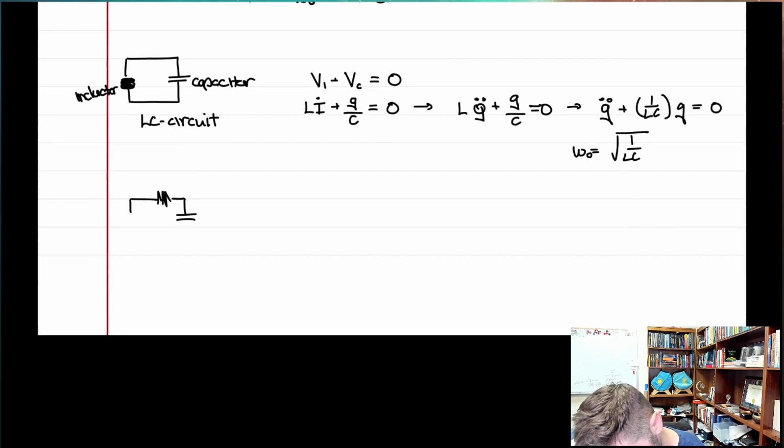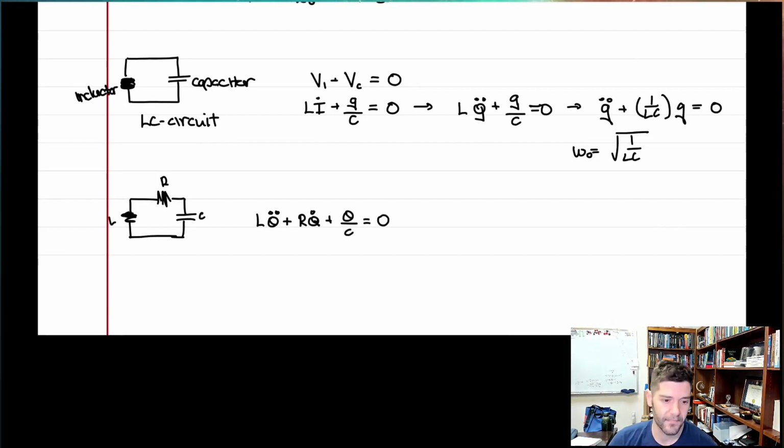There's usually a little bit of resistance in the circuit as well, in which case, by the loop rule, and taking the resistor as ohmic, where I can just write it as I times a constant R, this ends up being something like L Q double dot plus R Q dot plus Q over C equals 0, since Ohm's law is I times R. And notice that you get something that, again, is a second order differential equation, but has this damping term as well.